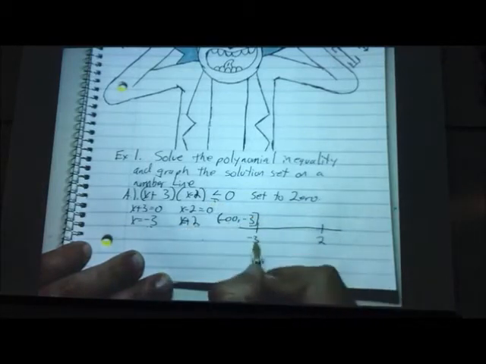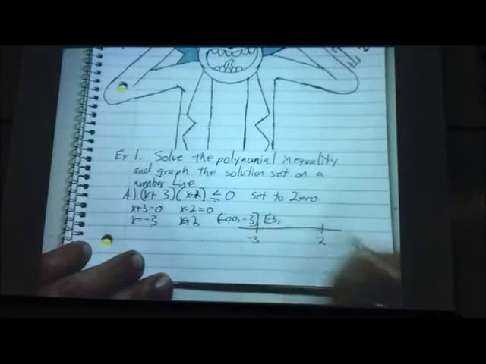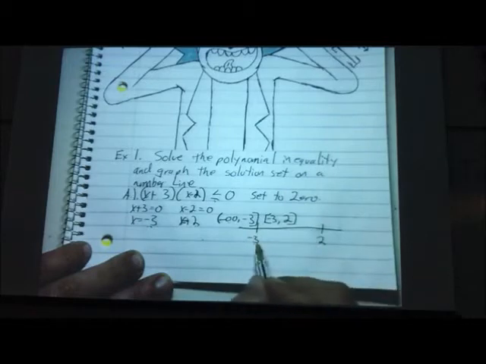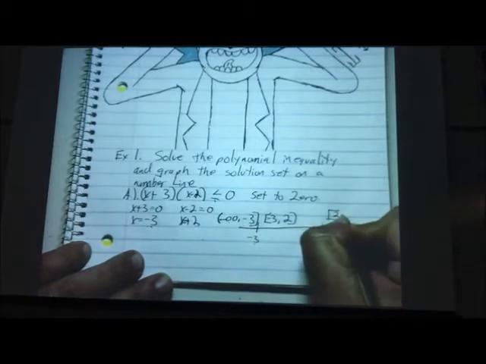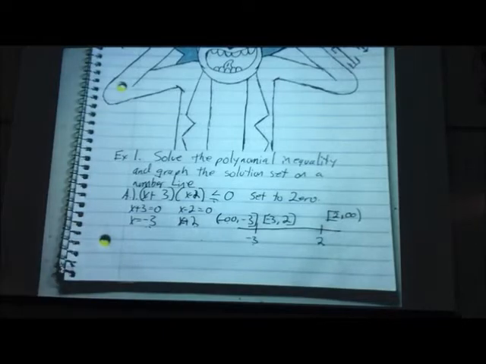Now we need to list our points from negative 3 to 2. So it's bracket negative 3, comma, 2, bracket. That covers negative 3 to 2. Now we got to cover 2 to infinity. So it's bracket 2, comma, infinity, parenthesis. Any questions?